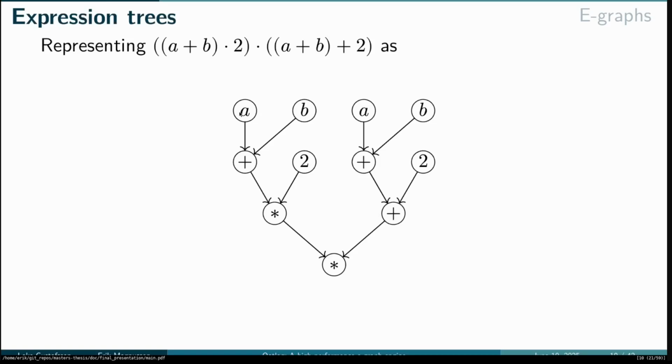Okay, so an expression tree: we have A and B, and we do this addition, and we feed it like this. A computation such as A plus B could be computed once and stored, but in a tree representation we can't capture that. So we have this obvious duplication of these substructures.